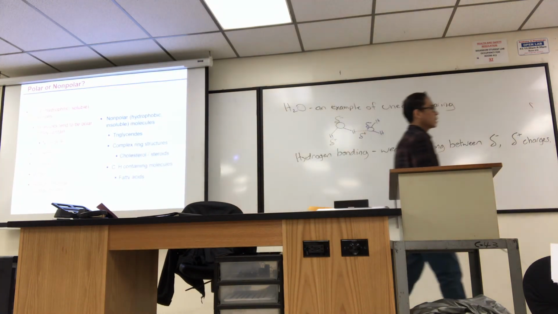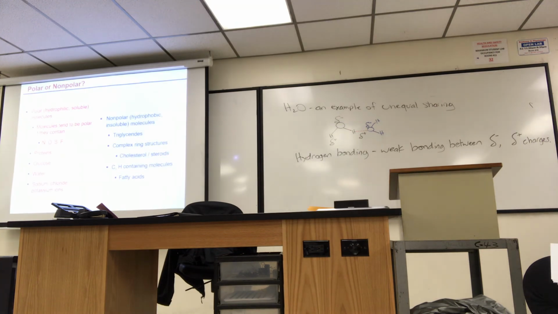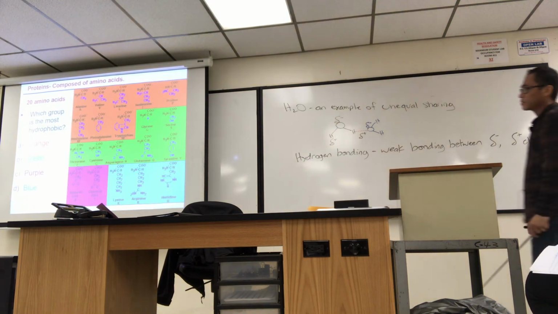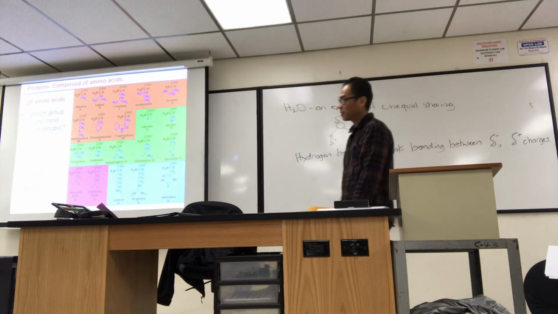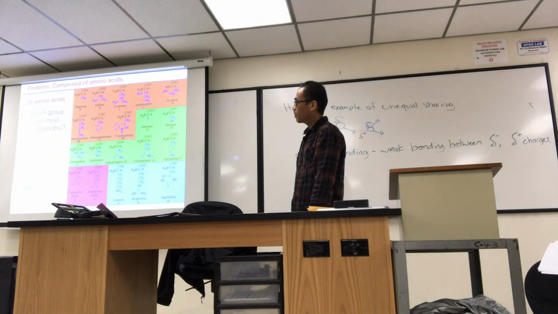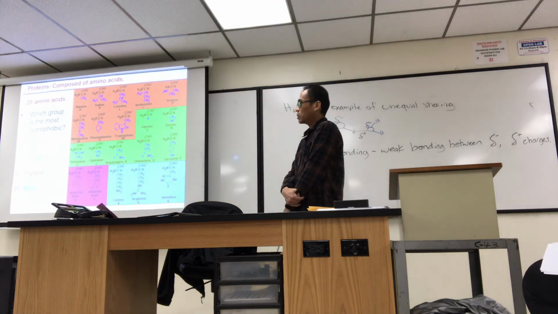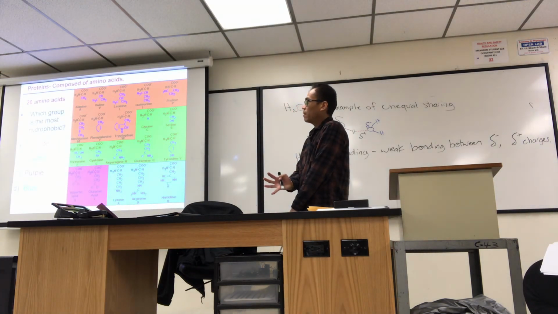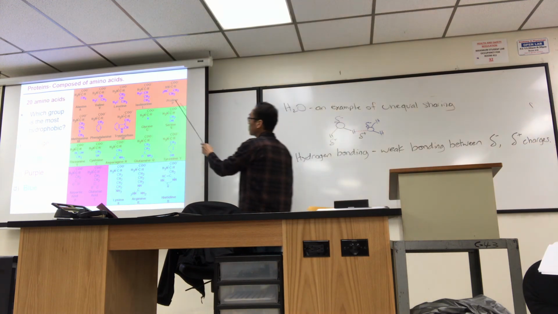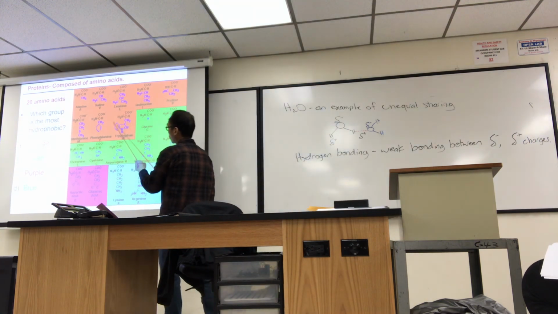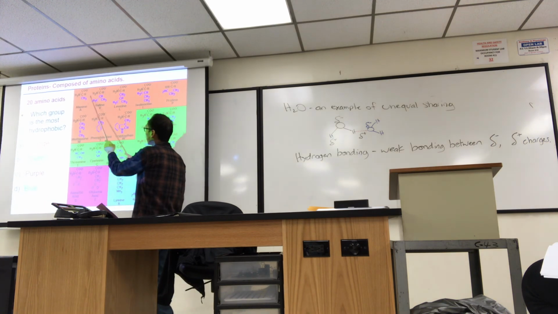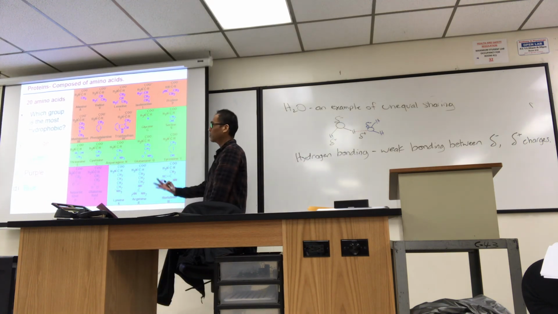Okay, water hating. I wanted to give you one slide of the 20 amino acids that I showed you before. I won't ask you this on the test, but just to get the concept across, since it's color-coded, it's easy to ask the class: which group is the most hydrophobic? It's good to know as a student of biology that molecules that tend to have more hydrocarbons or ring structures tend to be a little more hydrophobic.